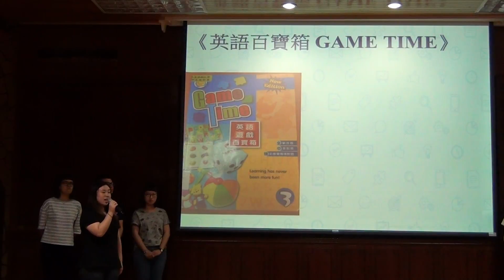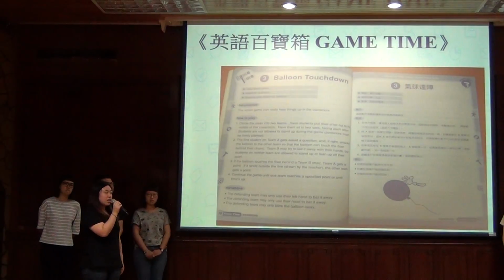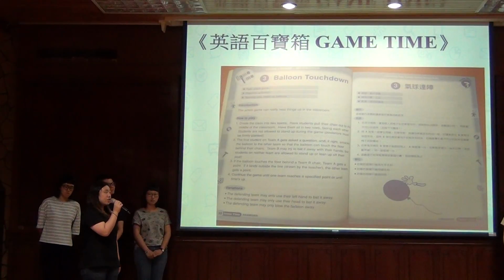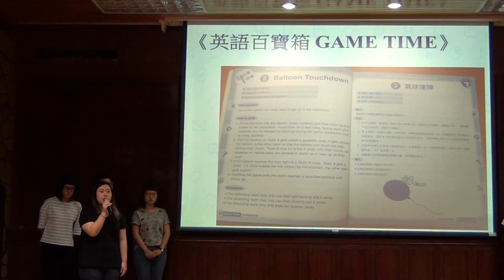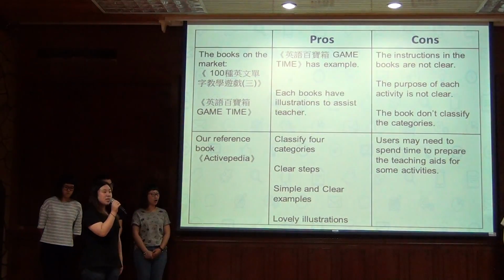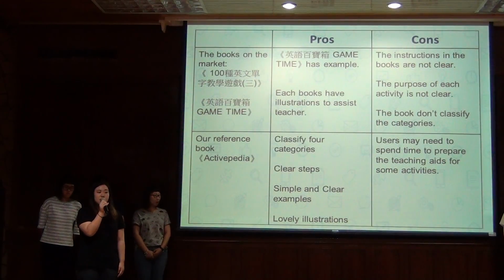It has Chinese and English explanation, and it has an example for each activity. However, it was not clearly categorized, and there are no illustrations, so users cannot find the activities immediately. As you can see, our product is modified based on the pros and cons mentioned previously.